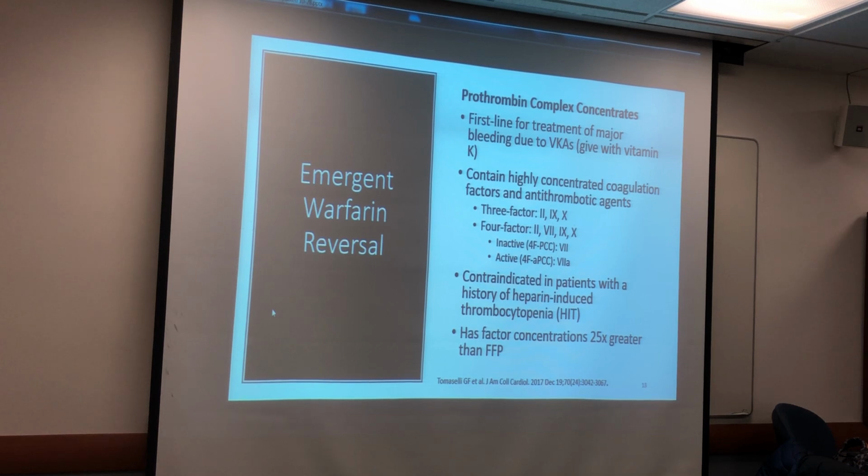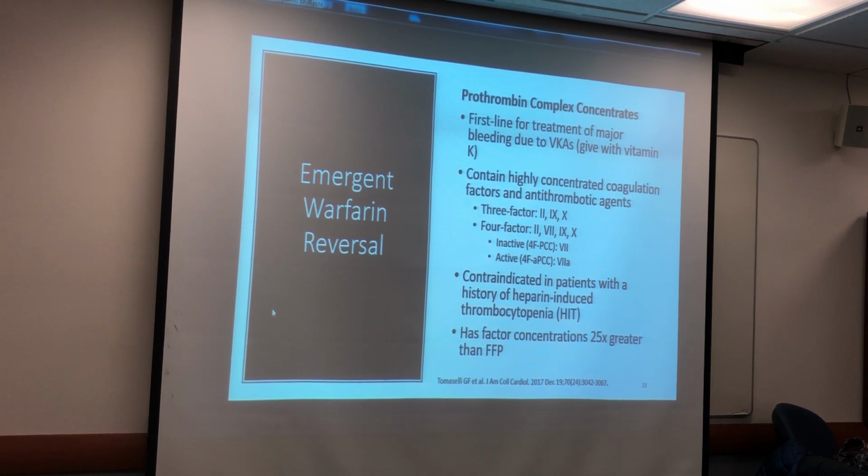All right, and then prothrombin complex concentrates are the agents of choice, first line for treatment of patients with major bleeding due to warfarin, and it's always given with vitamin K. So there's a couple different products on the market, but they all contain highly concentrated coagulation factors.